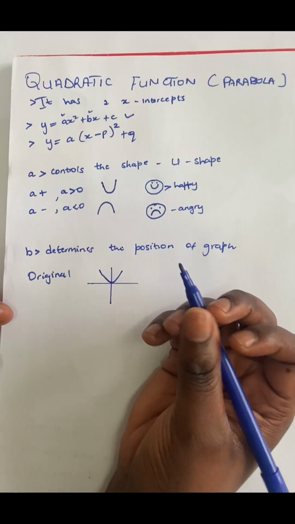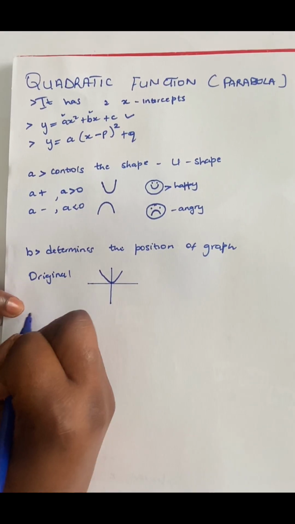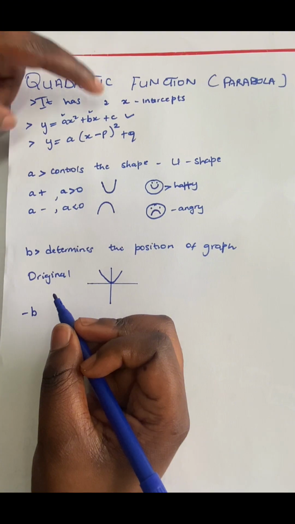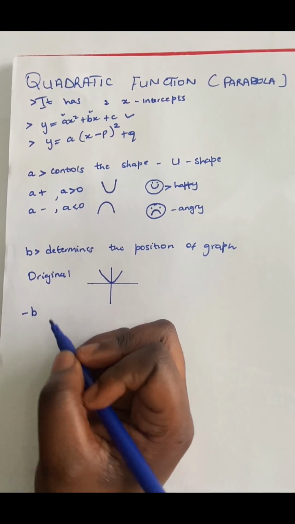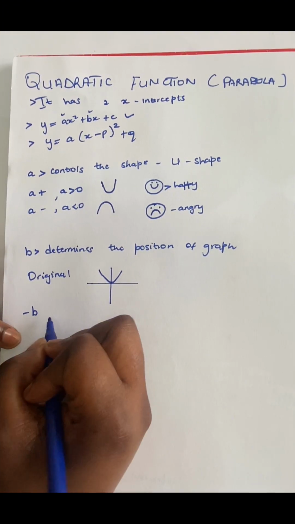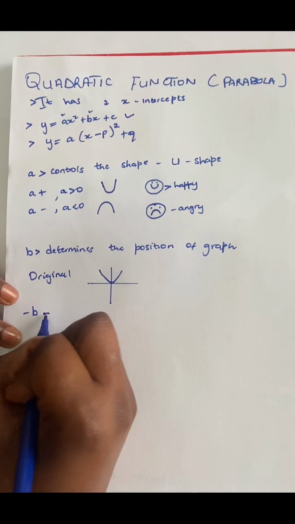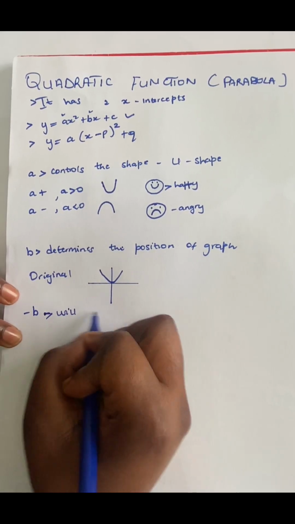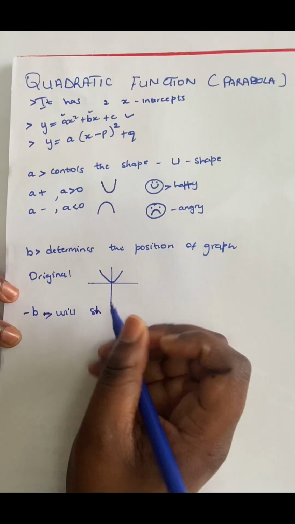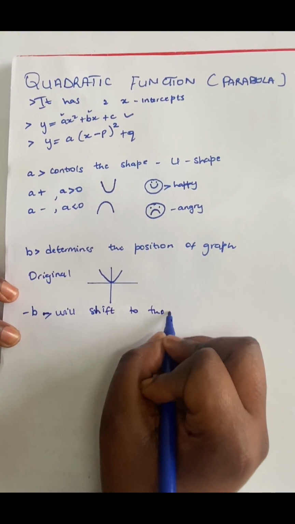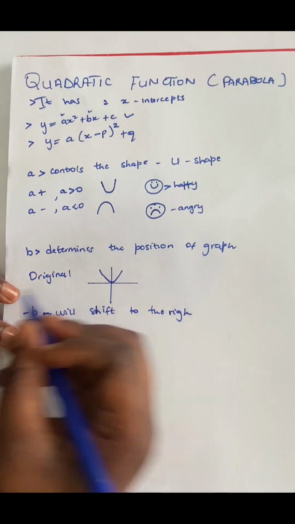So if your b is negative in a quadratic standard form, it means that your graph will shift to the right, and vice versa.